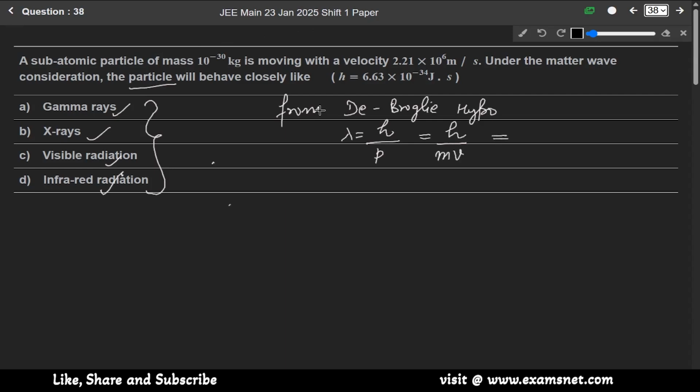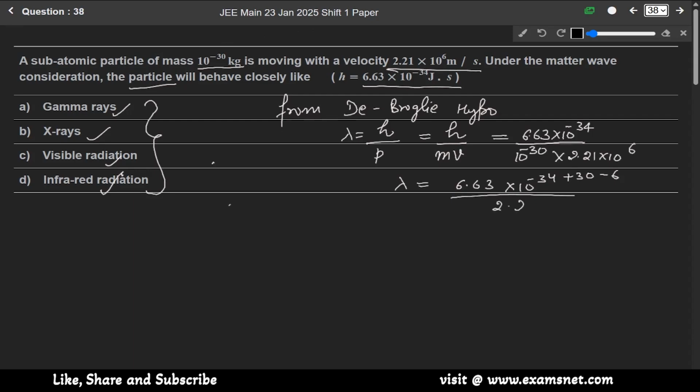So Planck's constant, its value is 6.63 into 10 to the power minus 34, over mass, which is 10 to the power minus 30, into v, the velocity, given as 2.21 into 10 to the power 6. Now, when we solve it, we get lambda equal to 6.63 into 10 to the power minus 34 plus 30 minus 6, over 2.21.